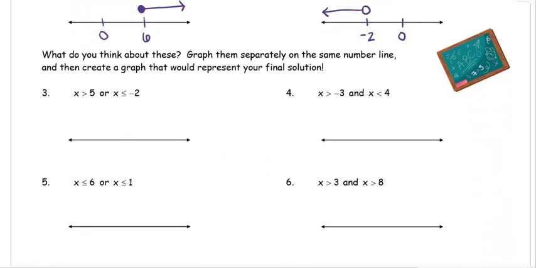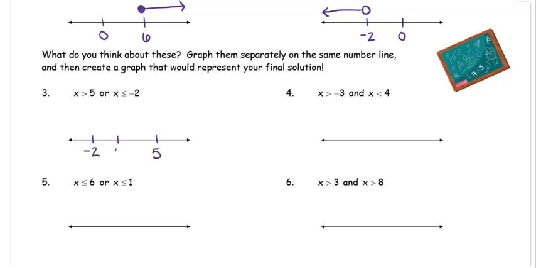All right, now some other things I want us to think about is if I were to give you two inequalities and I wanted you to plot them on the same line to create a final solution. Let's think about what these could look like. If I have x is greater than 5 or x is less than or equal to negative 2, I'm going to plot both the negative 2 and the 5.